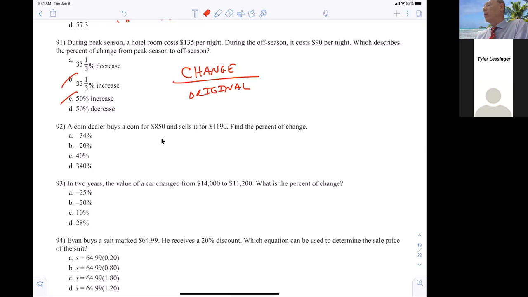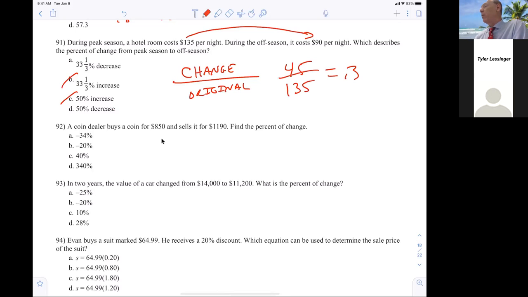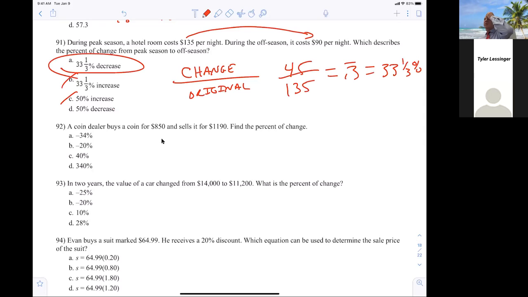So I went from 135 to 90. What's the change? 45. What was the original? 135. So now everybody do 45 divided by 135. So that is 0.3 repeating, which is 33 1/3%. So there was a decrease by 33 1/3%.